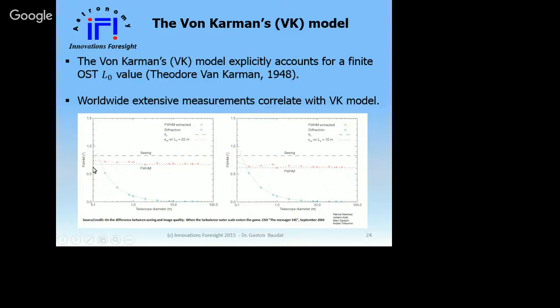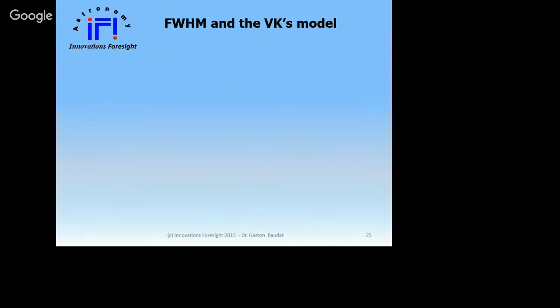Actually, tests done with a scope of, let's say, 14 inches support the fact you have quite a significant difference between the Kolmogorov model and the VK model. And you see when the outer scale of turbulence goes down even more, like 10 meters, the difference is more drastic. So this means the VK model is a better way to model the atmosphere.